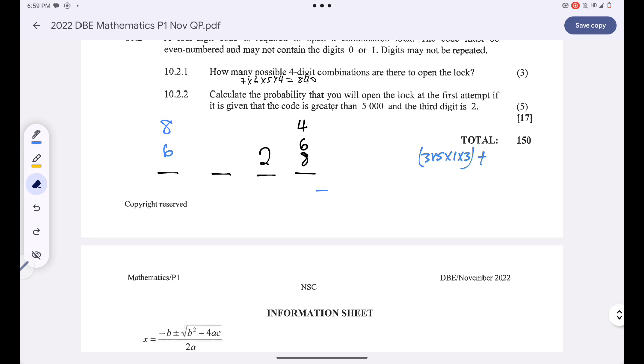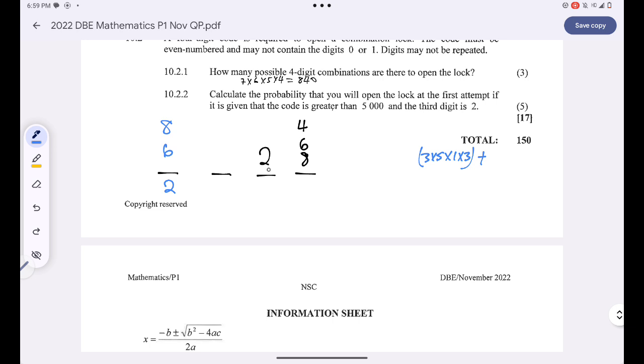Because there was a stipulation that the code must be greater than 5,000. So those even numbers must be greater than 5. So I have two numbers to choose from in here, guys. That's why I'll say 2.